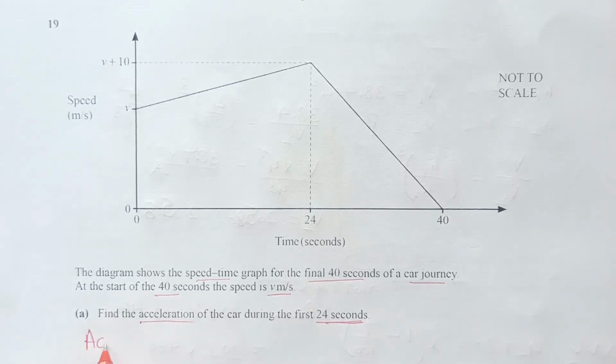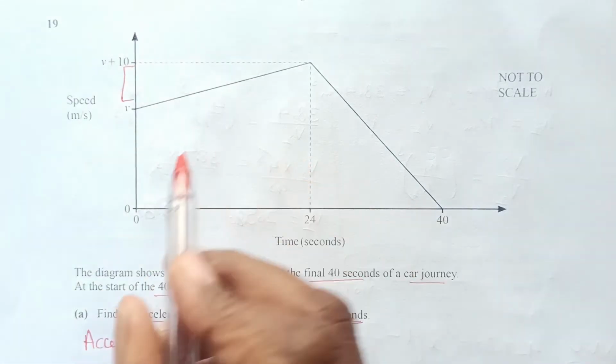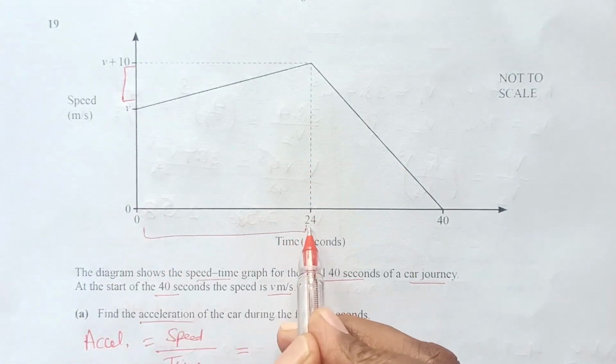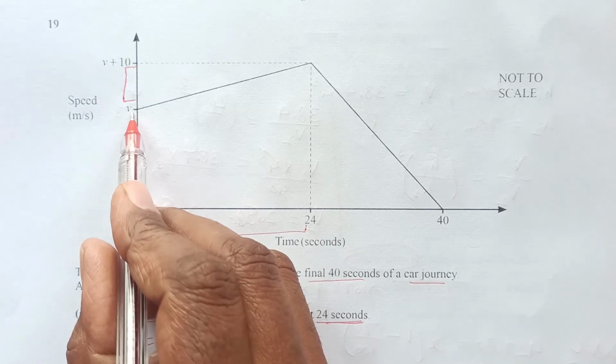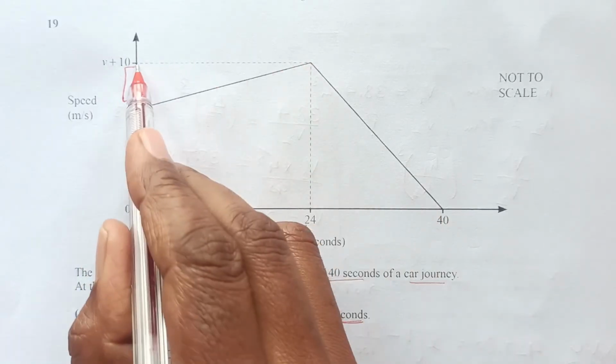Now we know that acceleration is equal to change in speed over time, right? So what is the change in speed in the first 24 seconds? We are talking about this part from here to here. At 0 the speed was v, and at 24 the speed is v plus 10.